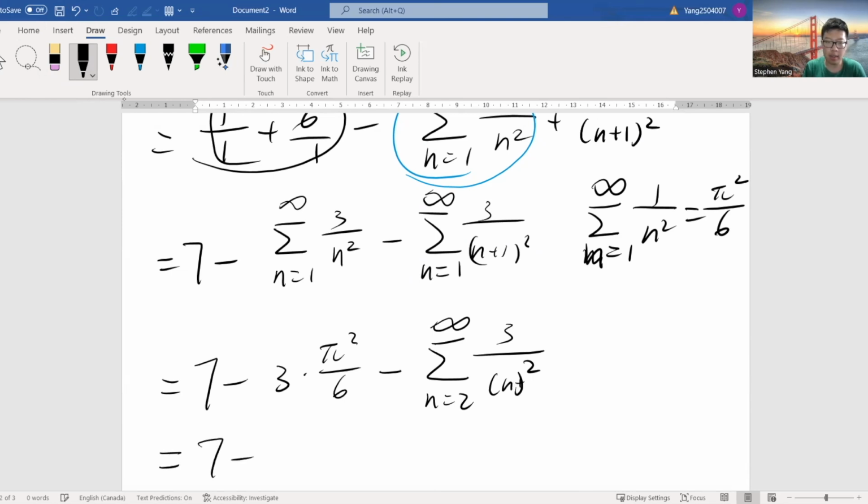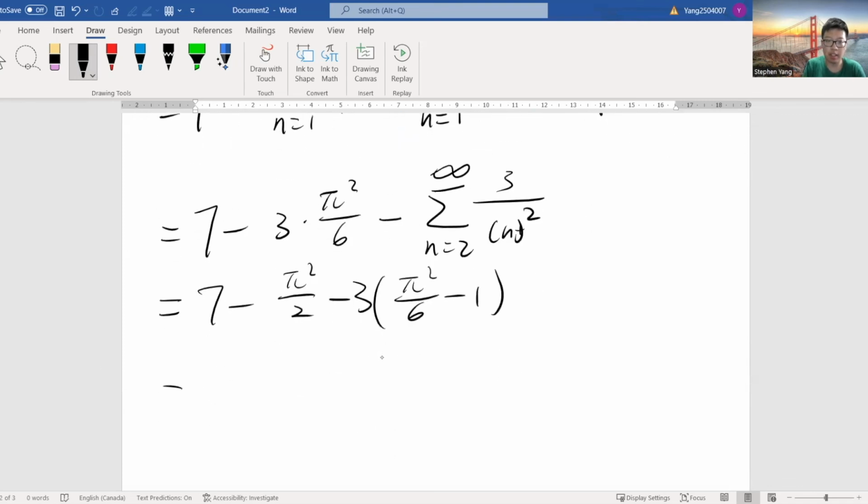This is 7 minus pi squared over 2 minus the quantity 3 times pi squared over 6 minus 1. After we evaluate this, we find that it is equal to 10 minus pi squared. Therefore, the answer to this problem is 10 minus pi squared.